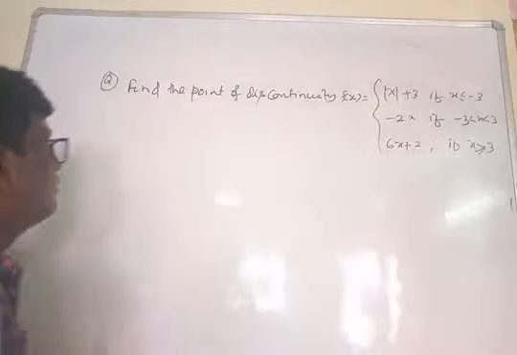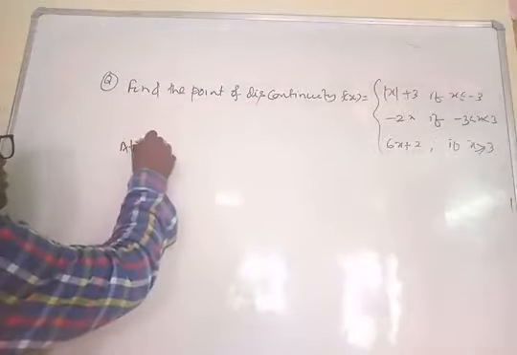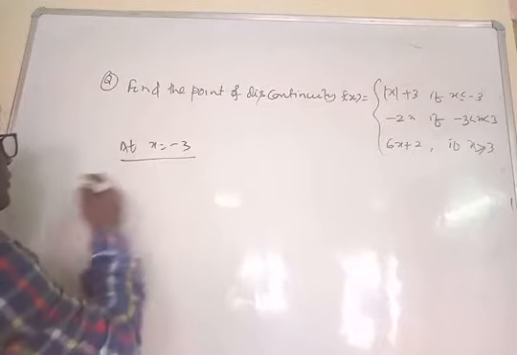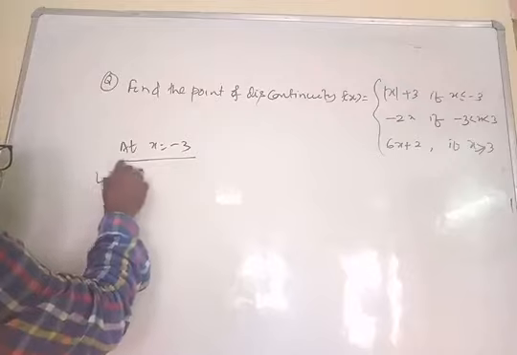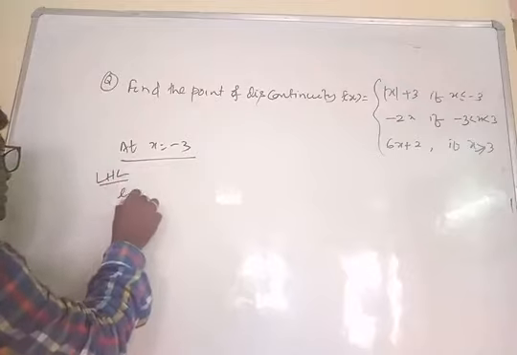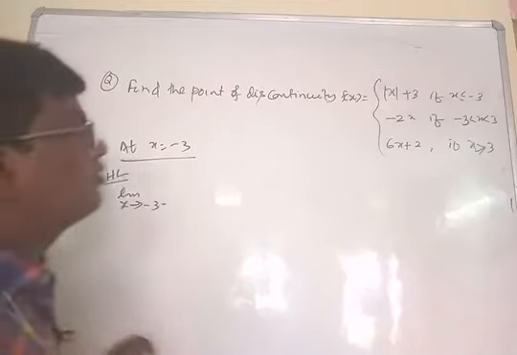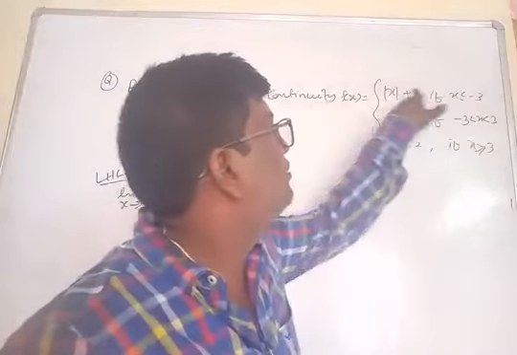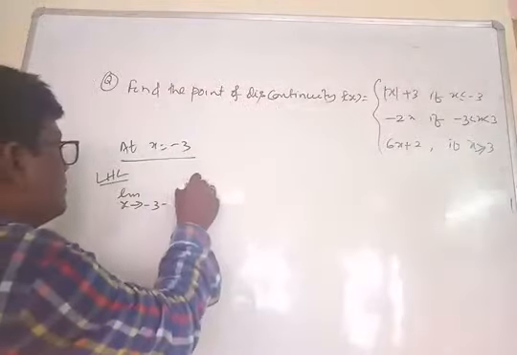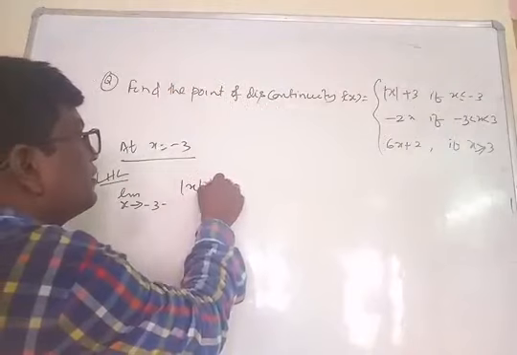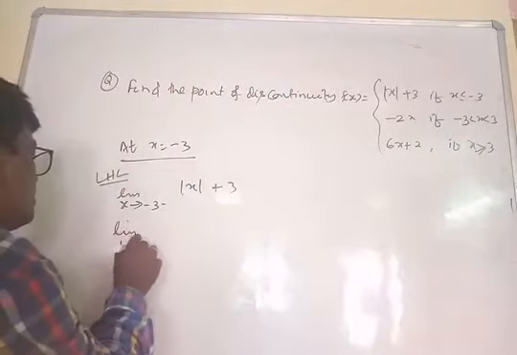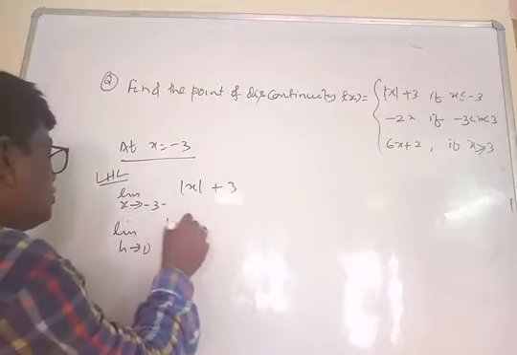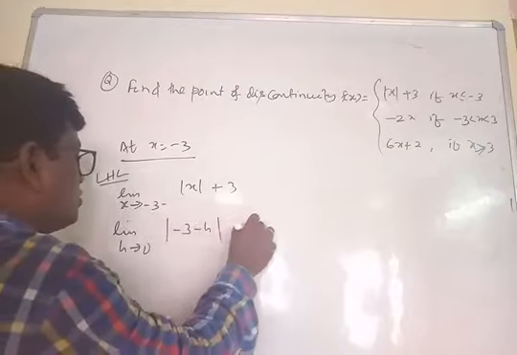Now find at x is equal to, suppose, minus 3. LHL, left hand limit, x tends to minus 3 minus. This is mod x plus 3. We can write limit h tends to 0 of mod of minus 3 minus h plus 3.